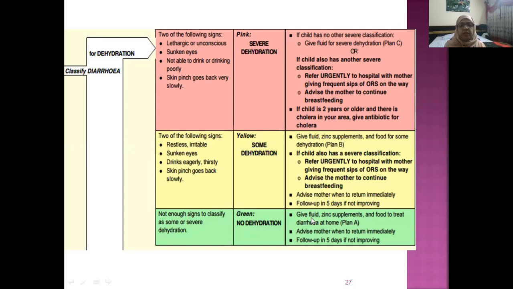In that case, the treatment plan as per IMCI will be fluids to prevent dehydration, giving oral feeds like breastfeeding or other liquid foods like chicken soup, chira pani, green coconut water, zinc supplementation, and food to treat diarrhea at home. And you have to give oral rehydration solution to prevent ongoing loss. Advise the mother when to return immediately and follow up after 5 days if not improving.